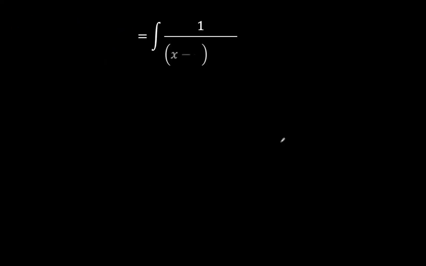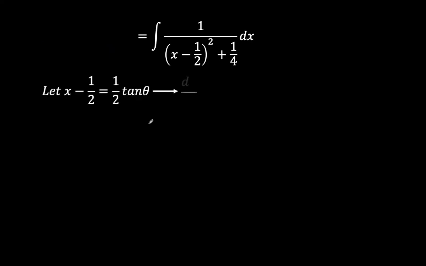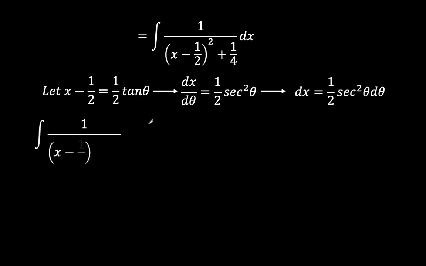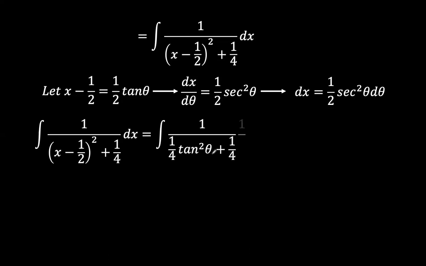We can substitute and say let x minus a half be equal to a half tan theta. And so that means that dx d theta is equal to a half sec squared theta. And so dx is the same as half sec squared theta d theta. And so applying the substitution appropriately, here we have 1 over quarter tan squared theta plus a quarter in the denominator, and the times 1/2 sec squared theta d theta.